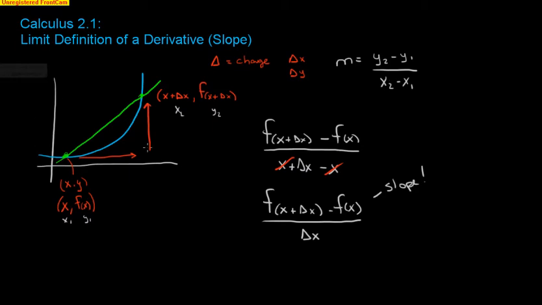Now, the whole purpose of this here is we want to go from 2 points and we want to graduate to 1 point. Okay, so we could visually see here that there's going to be a point somewhere in here on the curve where, when we talk about just intersecting once, the slope of the tangent line is the same as the slope of the secant line.